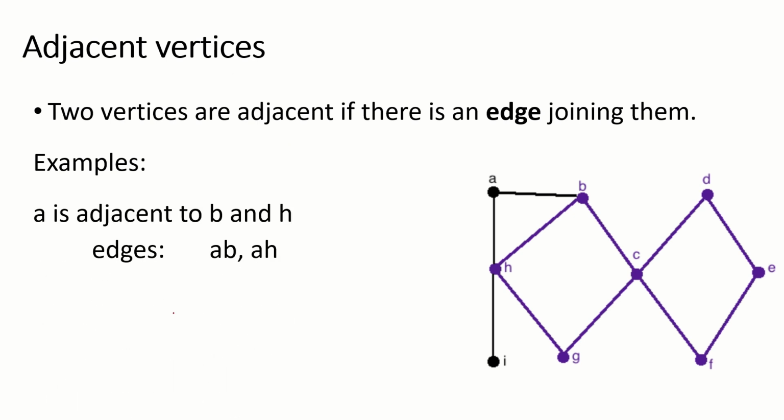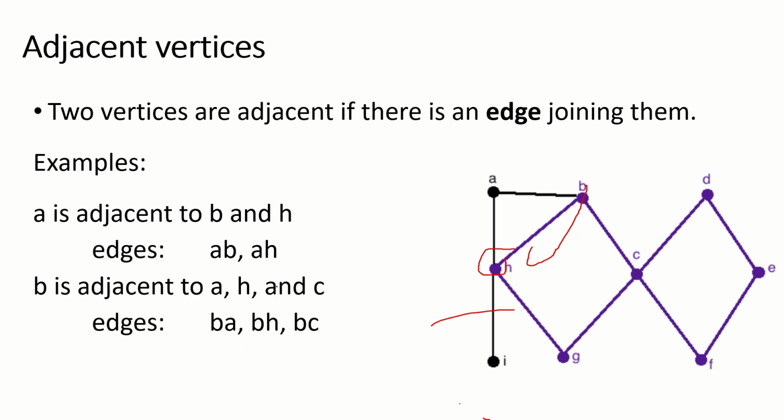Another term, we have the adjacent vertices. Two vertices are adjacent if there is an edge joining them. So say for example A, the vertex or vertices adjacent to A is or are B and H. That is why we have edges AB and AH.